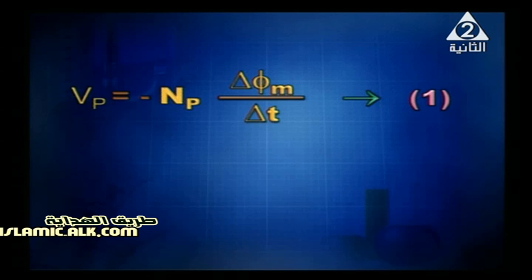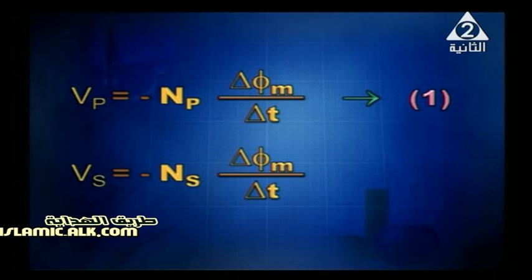Yes, this is Faraday's law. The EMF induced in the primary is equal to the number of turns of the primary coil times the rate of change of the magnetic flux through this coil.